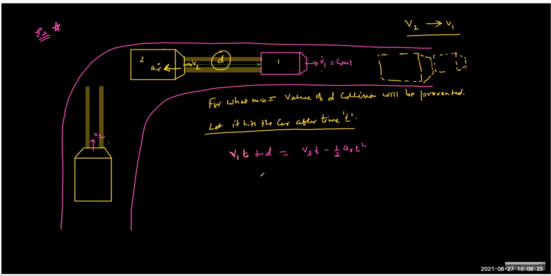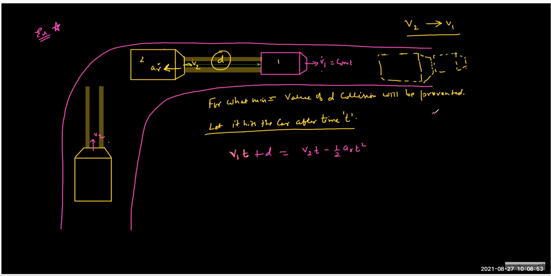So why did you pick V2t minus half ARt square? Well, I'm writing the formula of displacement of the second car. The second car is retarding. So which formula do you use for retardation? V2t minus half At square, right? The only A that will come is AR, where R is the subscript for retardation.